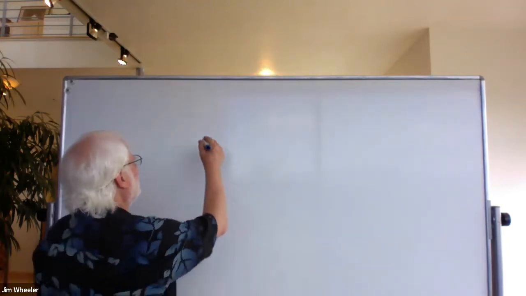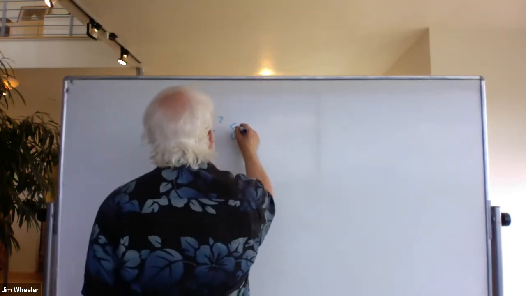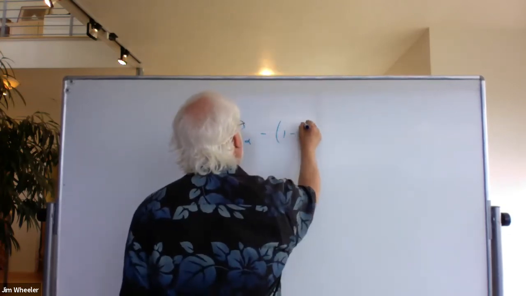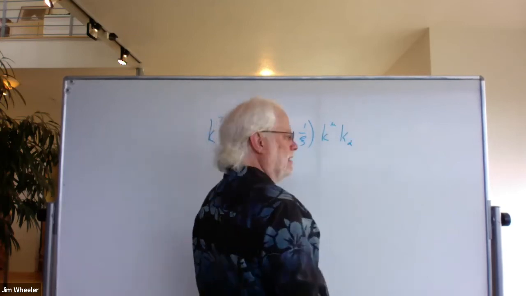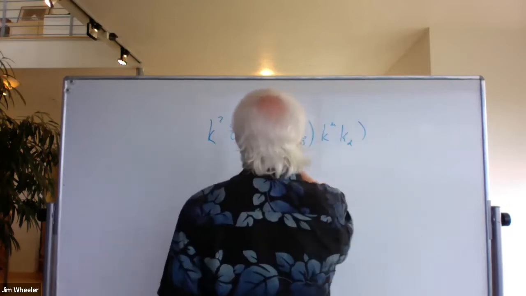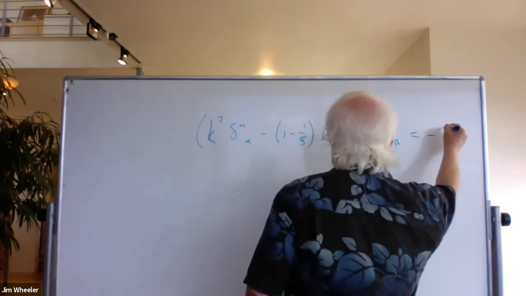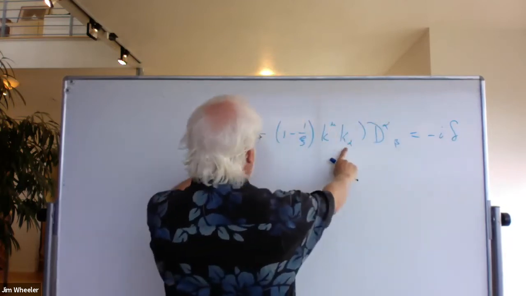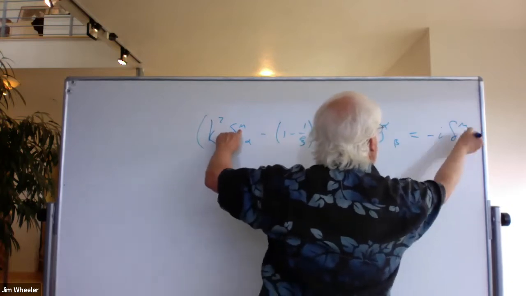So what you get when you take the Fourier transform is k squared times the Kronecker delta, mu alpha, minus (1 minus 1 over psi) times k_mu k_alpha. And then this acting on the matrix D_alpha beta has to be minus i delta. We're contracting on alpha here, so what we get is delta mu beta over there.